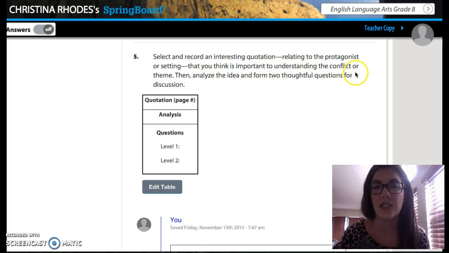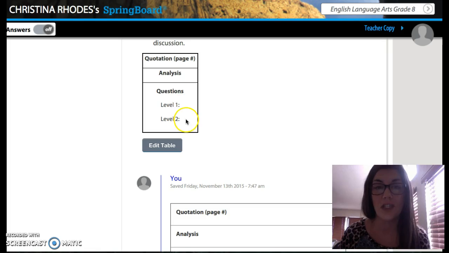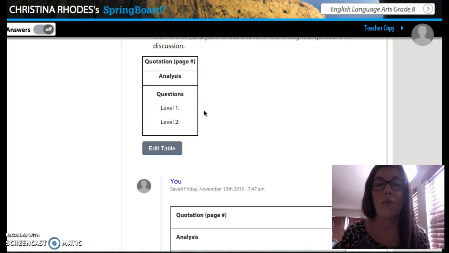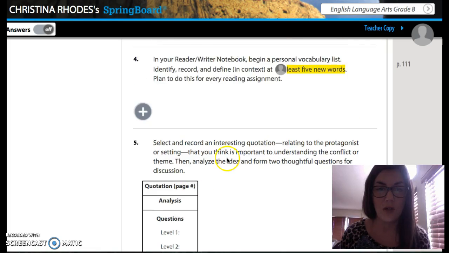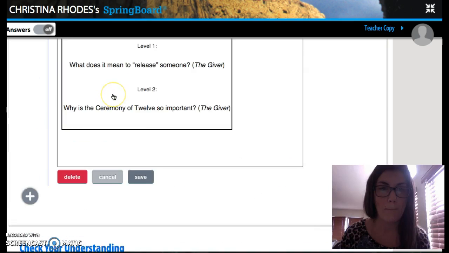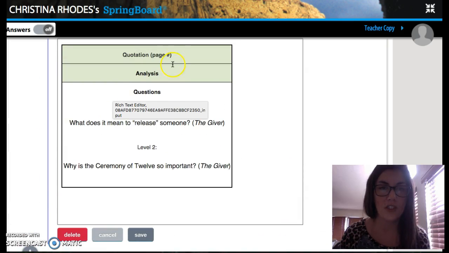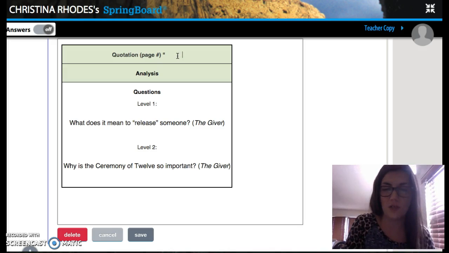Number 5, select and record an interesting quotation relating to the protagonist or setting that you think is important to understand the conflict or theme. Then analyze the idea and form 2 thoughtful questions for discussion. So you're going to have to come up with a level 1 question and a level 2 question about a quotation that you find that you think is interesting. So under the quotation, you are going to find a quote in the text, so please draw a quote, and it's any quote that you find interesting.